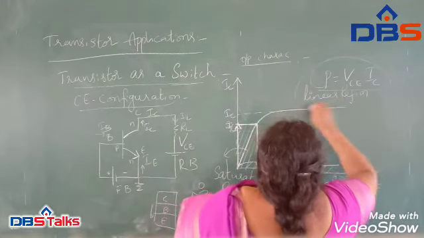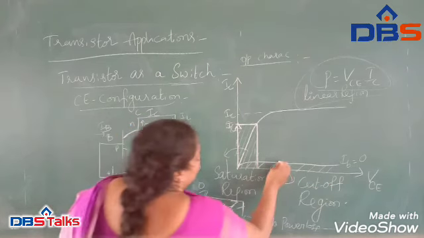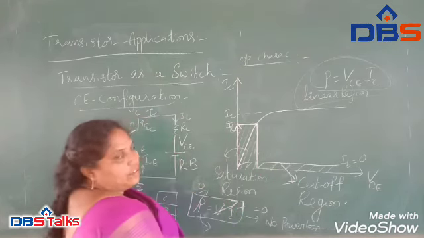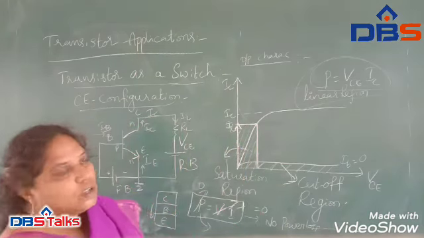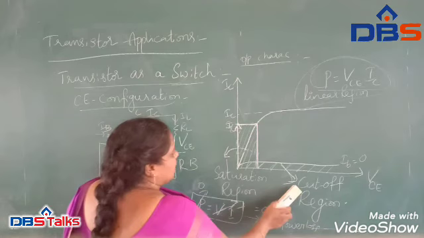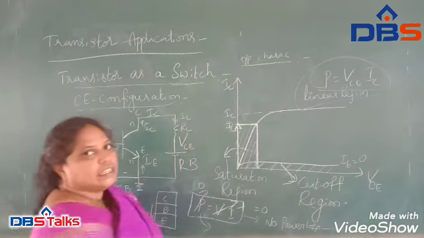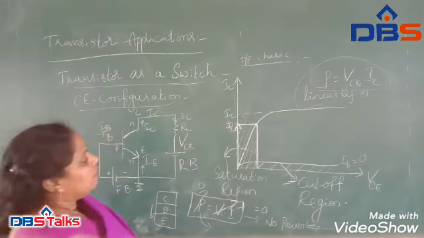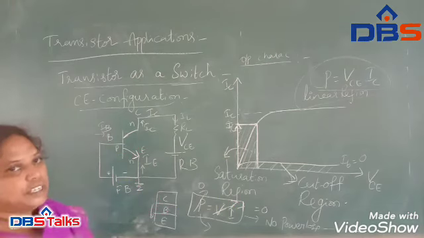We take the cutoff region because there is no power loss, and the saturation region. When the device is in the off state, it is considered the cutoff region. When the device is in the on state, it is considered the saturation region.